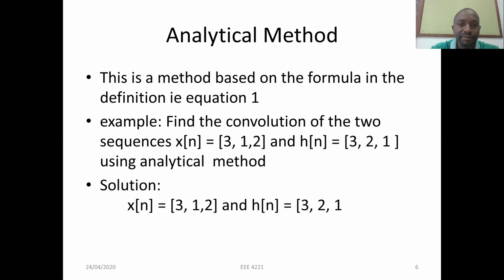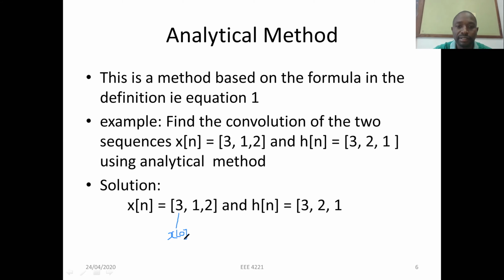To understand this method, let's do an example. Suppose we are to find the convolution of two signals, x of n equals 3, 1, and 2, and h of n equals 3, 2, and 1. Now, in resolving this problem, you need to understand that in the sequence x of n, the 3 here is at position x of 0.